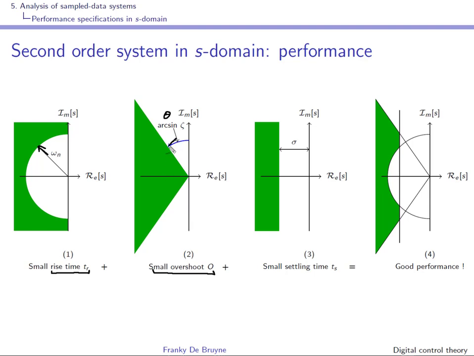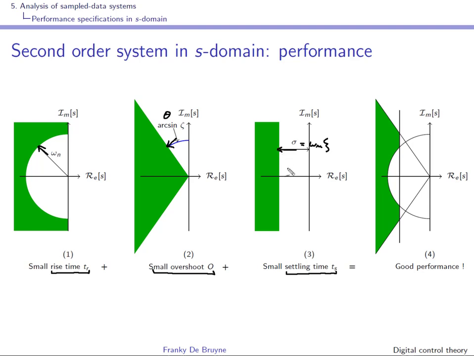So if you push this way, the overshoot will decrease. And finally, the settling time is related to the real part of the pole, sigma, which is equal to omega n zeta. So if you push this way, you will decrease the settling time.